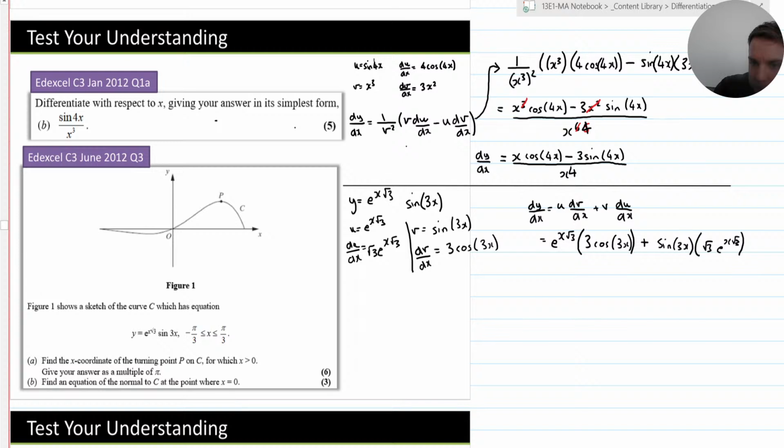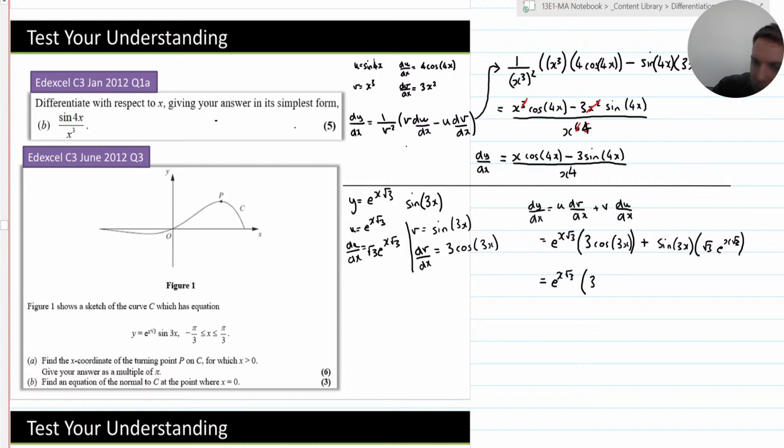Let's simplify that then, which is going to be, take out e to the power of x root 3. So e to the power of x root 3 times by, what am I left with here?